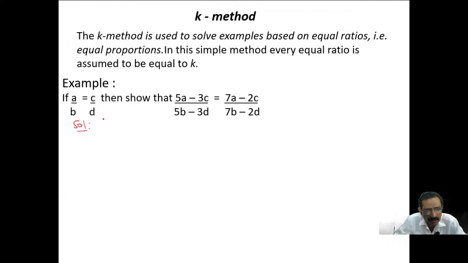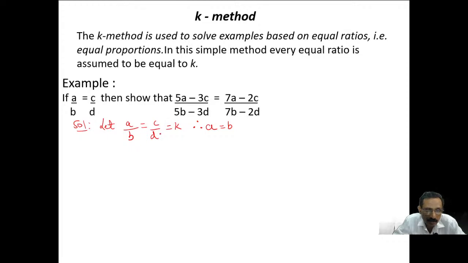Suppose I say let A upon B is equal to C upon D and this is equal to K. Then what I will get here is therefore A is equal to BK.